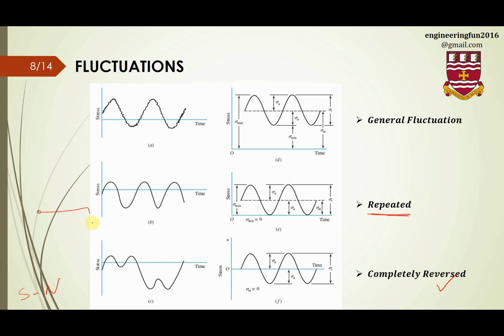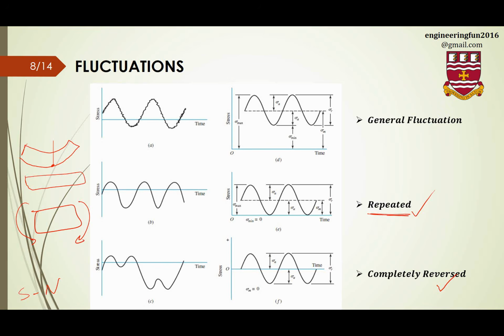For example, if I have a specimen like this, if I put bending moment on that, I can have this one as my maximum, then again make it straight, then again go to this one, make it straight, go to this one, make it straight. So I don't go to the other side, I'm just looking at one side, for example at this point. So this point goes to maximum tension because it's stretched, again to 0, so that's the repeated case.